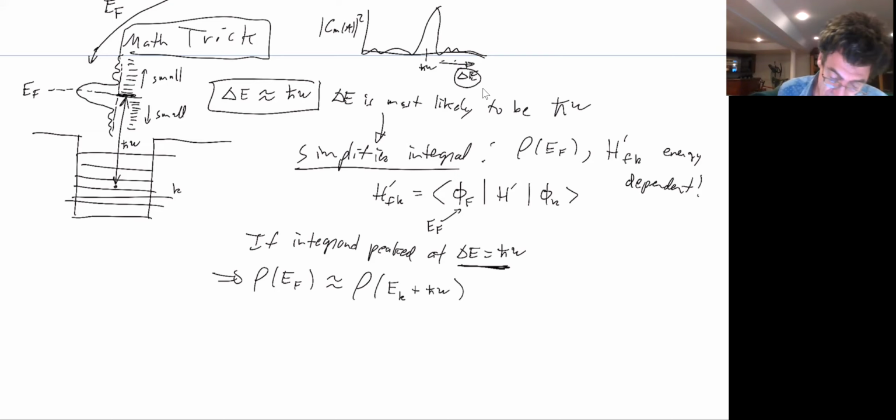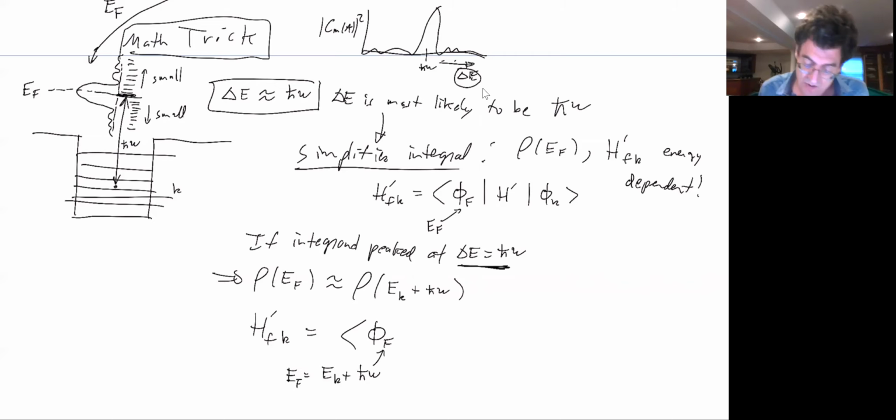By the same token, H prime of FK is equal to the matrix element with the final state at the energy of the initial state plus h bar omega.